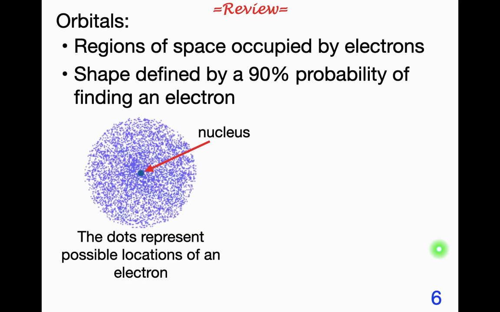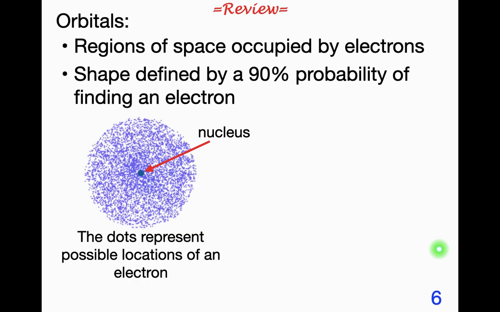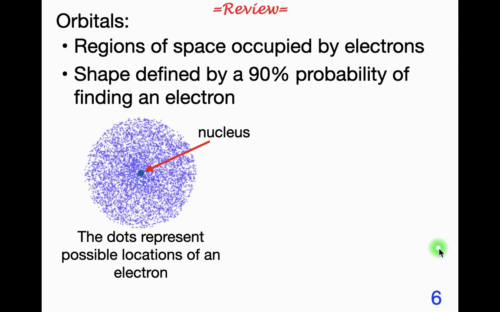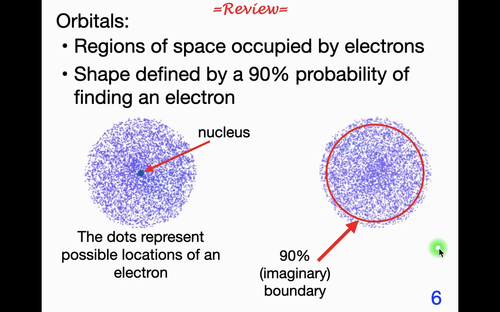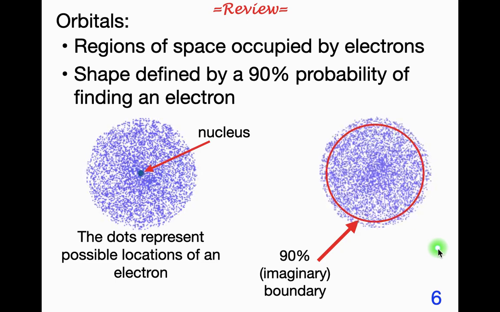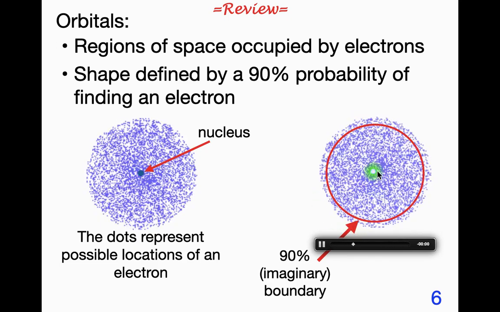So if we were to look at all of those little tick marks and draw a boundary around 90% of them, we would end up, in this case, with a circle. As we'll see in a second, there are different shapes of these orbitals, and this is an s orbital, spherical in shape. So the shape is defined by a 90% probability of finding the electron.